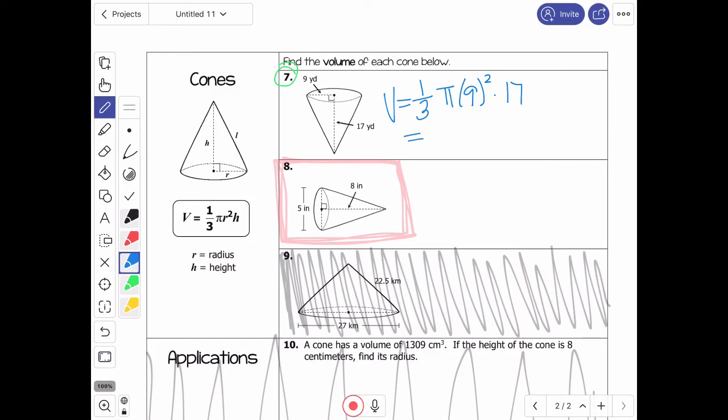Plugging that all into my calculator with the pi button, I would get 1,441.99 yards cubed.